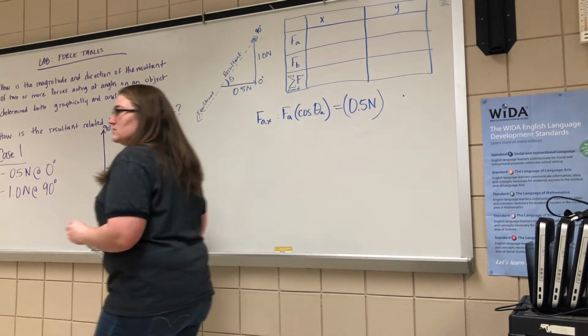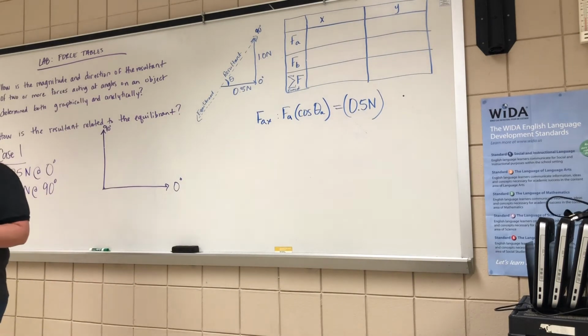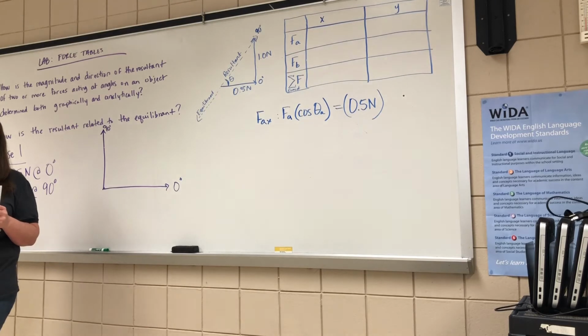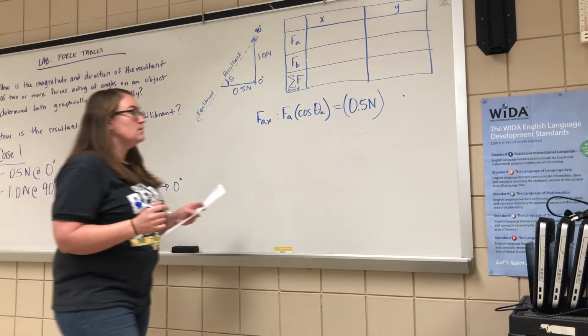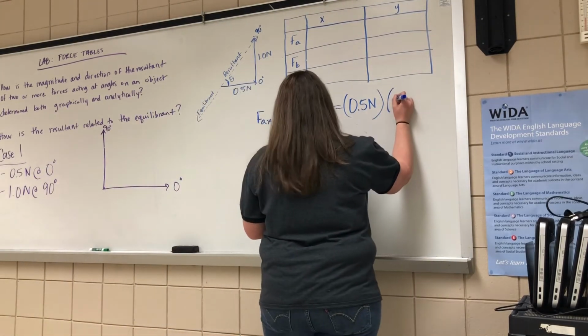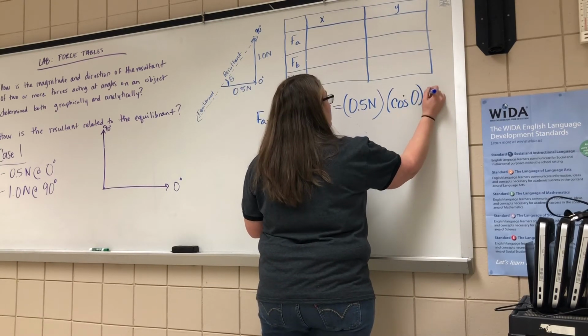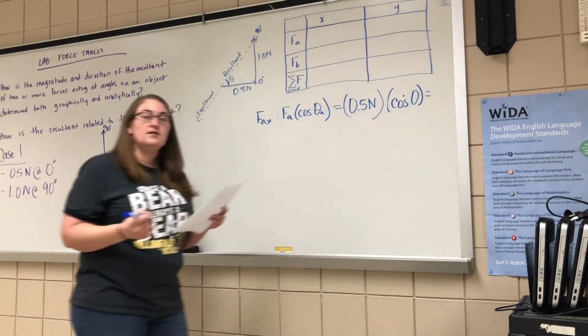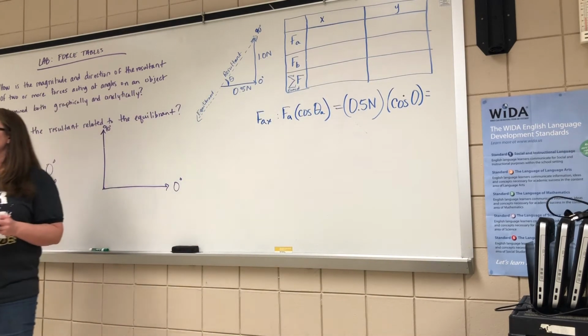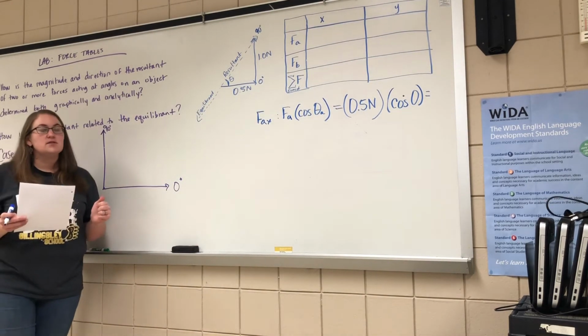That's our force of A, times the cosine of 0. So do that in your calculator. Do the cosine of 0 times 0.5.